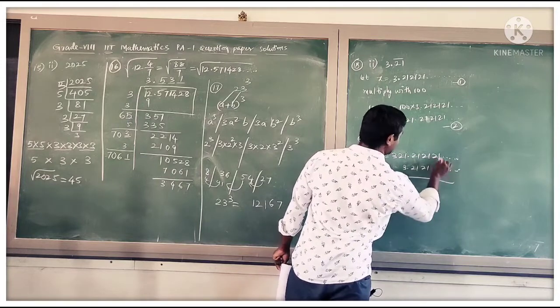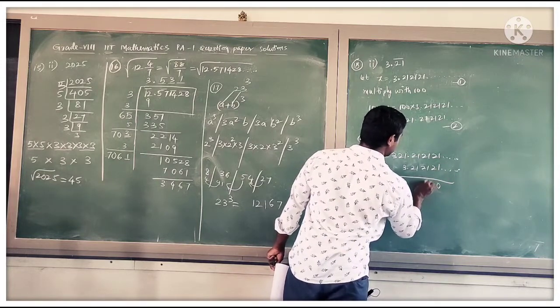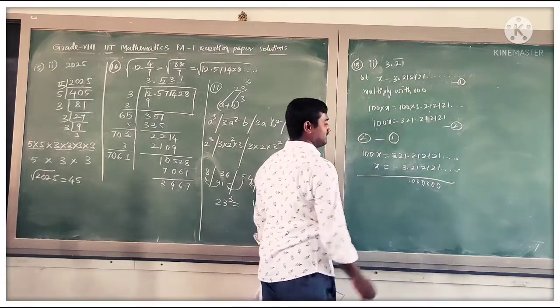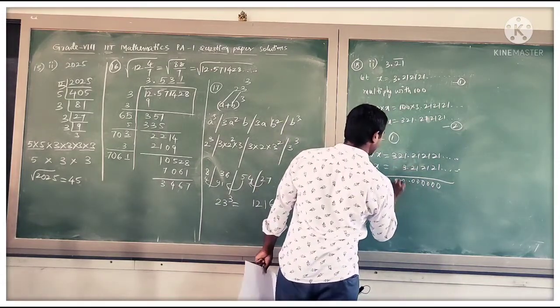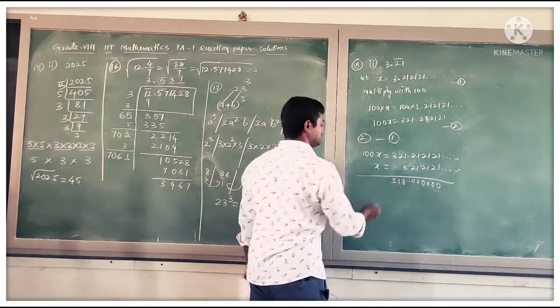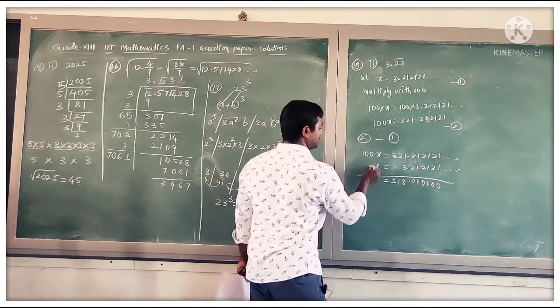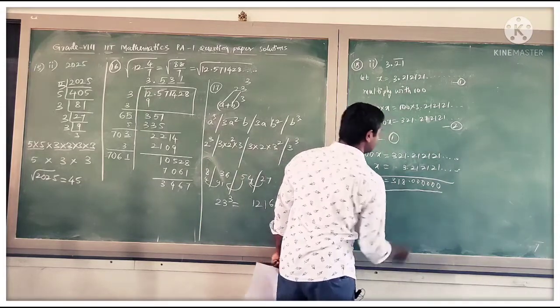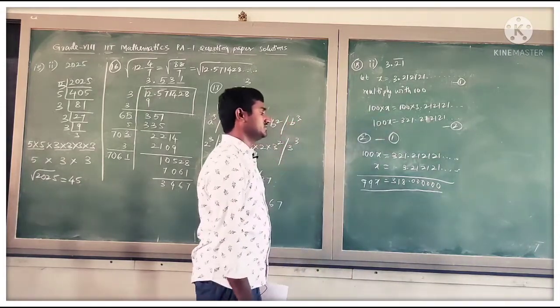Subtract. So 1 minus 1, 0, 0, 0, 0, 0 decimal point. Here 1 is there, 3 is there. So 8 will come, 318 will come, which is equal to 100x minus x, 99x. 99x is equal to 318.00000.